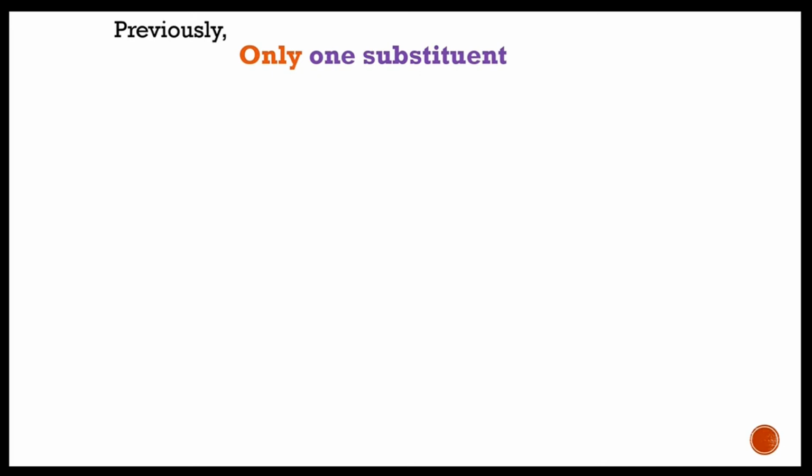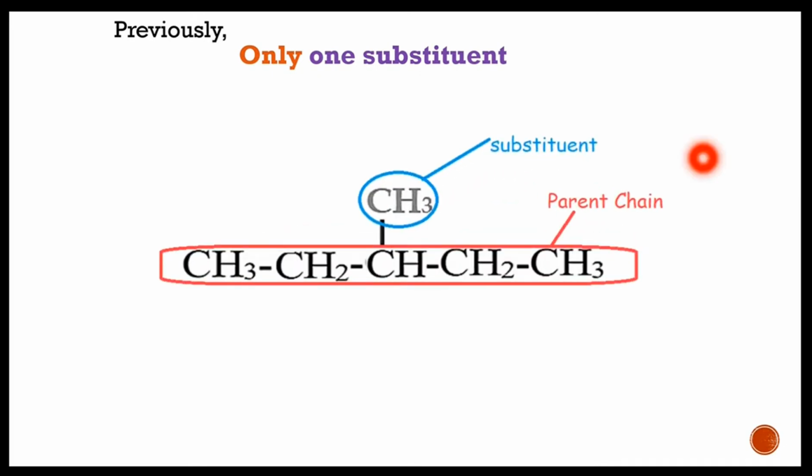So in lesson 3, our previous lesson, we looked at branching alkanes that have only one substituent, like this example. We got to know that a branching alkane has a parent chain, that would be the longest chain, and then it has a substituent.